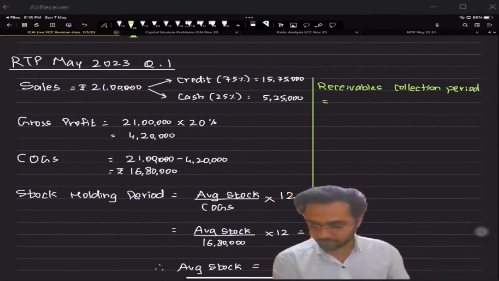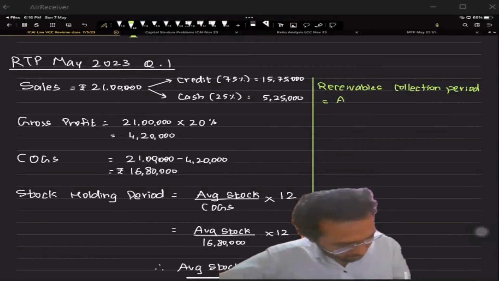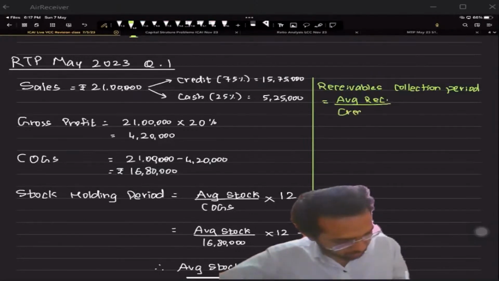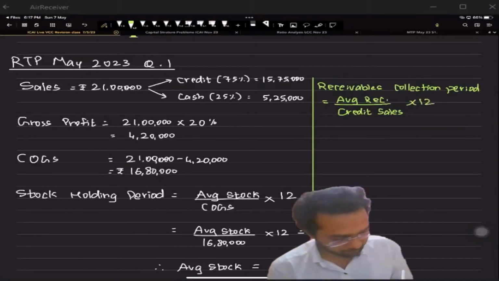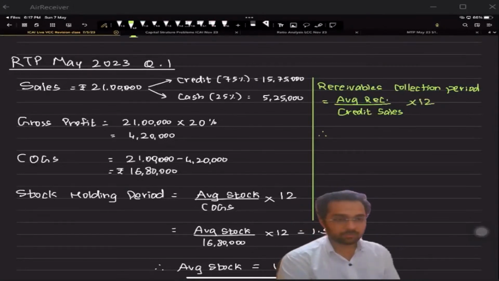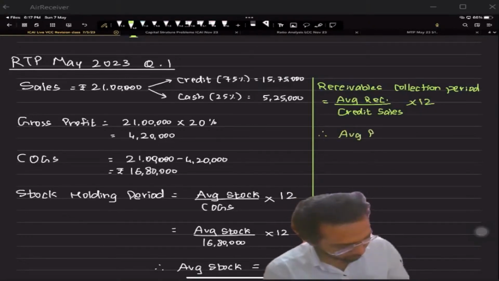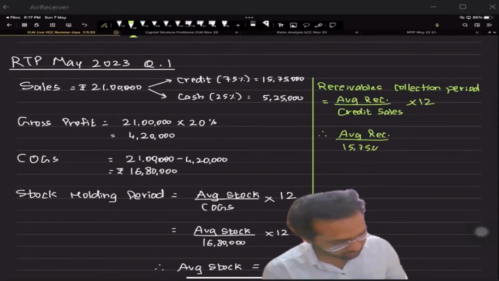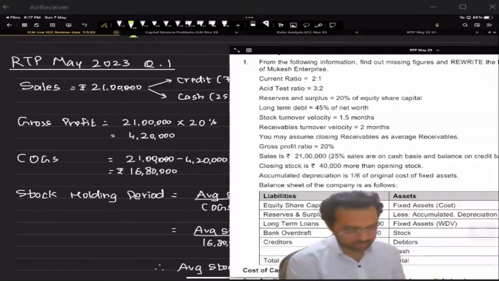Receivables collection period, we know, is computed as average receivables upon credit sales into 12. So the average receivables upon credit sales, 15,75,000 into 12, is equal to 2 months, the receivables turnover.